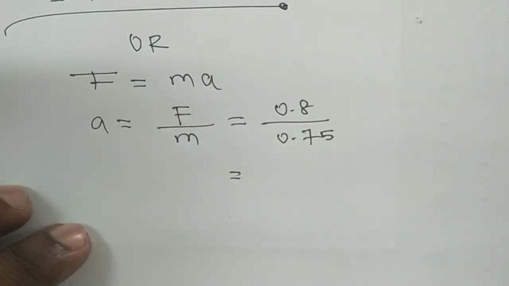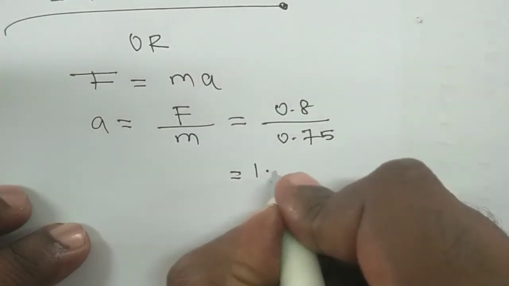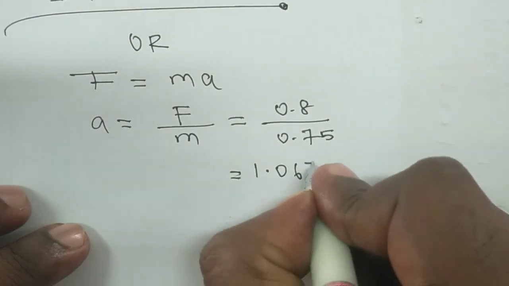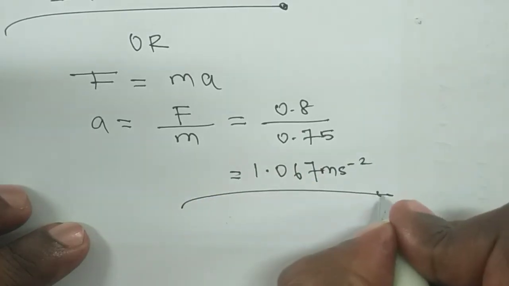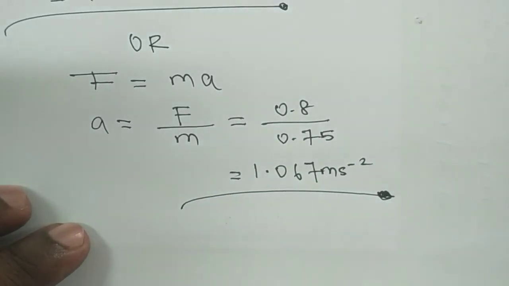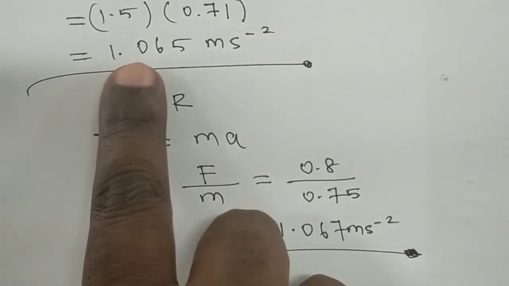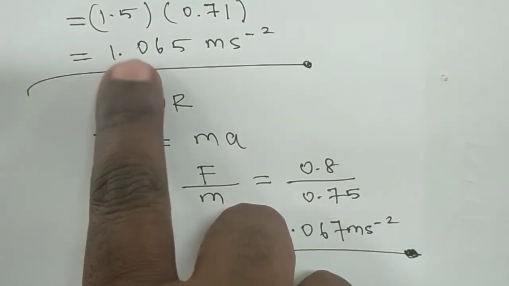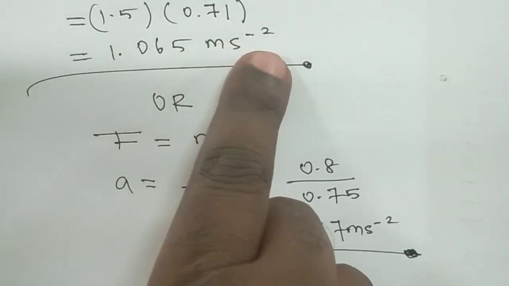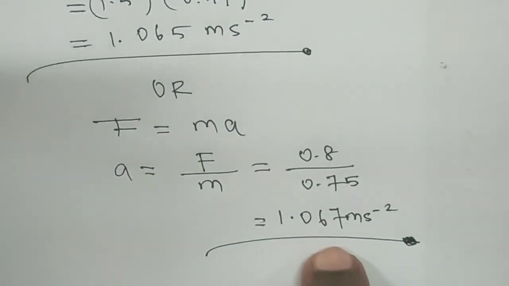You will get 1.067 meters per second squared. If it is in 2 decimal points, the answer will be 1.07 meters per second squared.